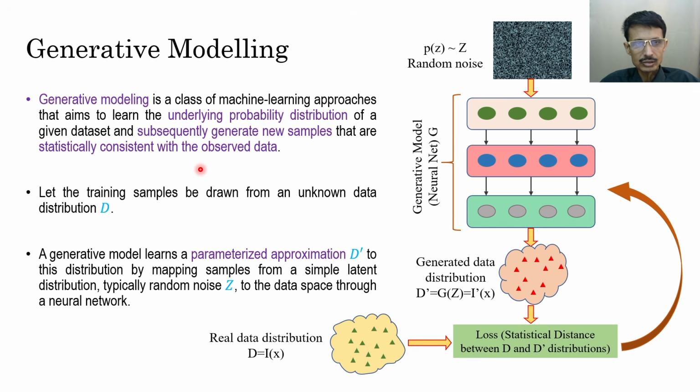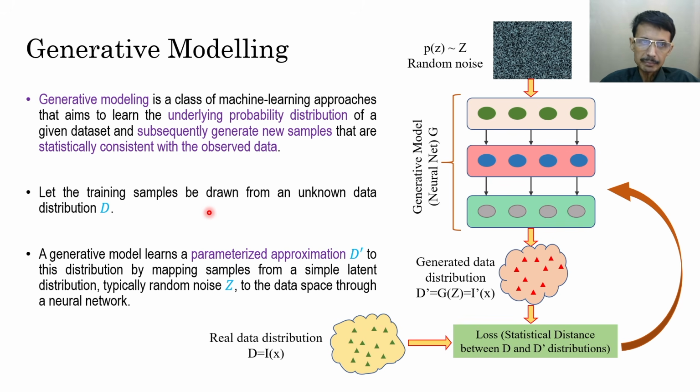That is the first fundamental difference between discriminative learning and generative learning or modeling: here we are not only happy to find the mapping function, rather we aim to learn the underlying probability distribution of our annotated samples or given data set.